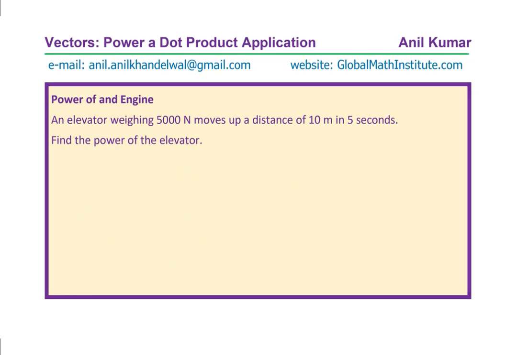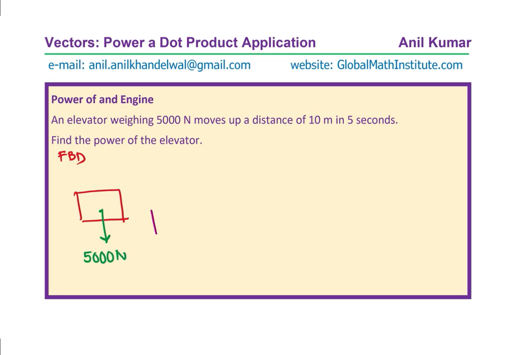The question here is, an elevator weighing 5,000 newtons moves up a distance of 10 meters in 5 seconds. Find the power of the elevator. So, if I draw a free body diagram of the elevator, then we know that this weight is acting downwards, and this is 5,000 newtons.